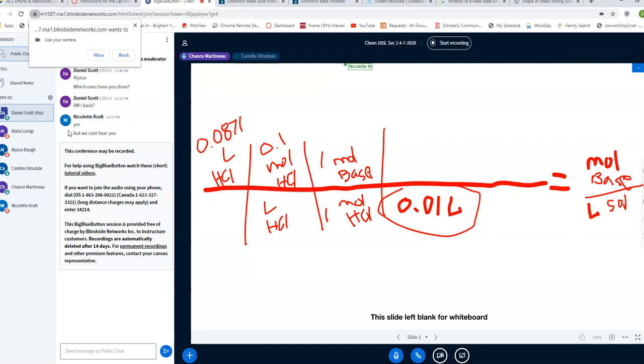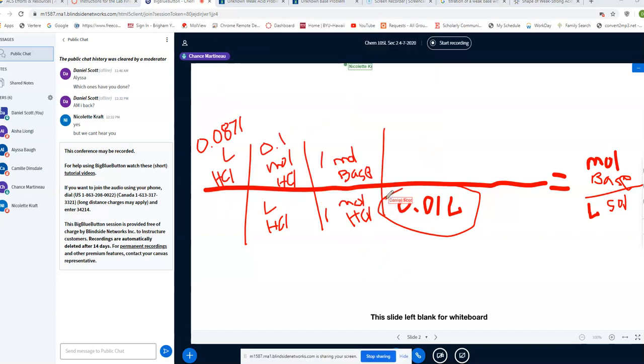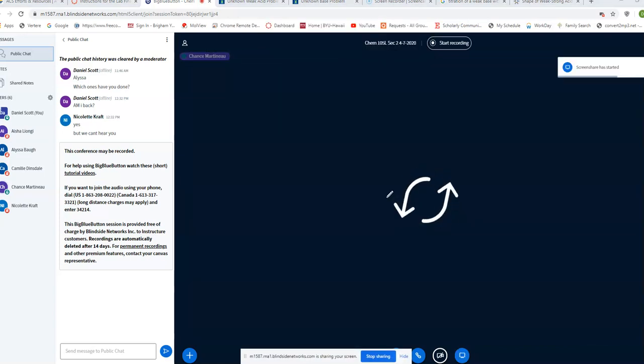I think I'm just confused. So the one we just did was the unknown base, right? Yes. That's what I was working on. When I added 1 milliliter, it was at 6.35 already.